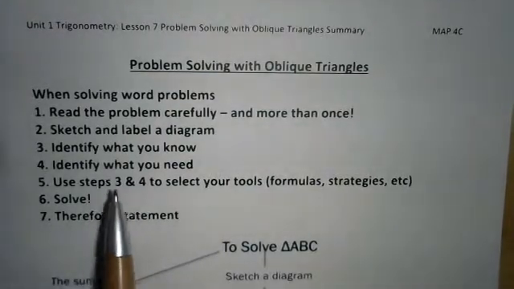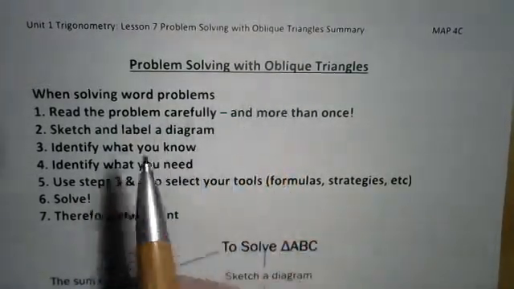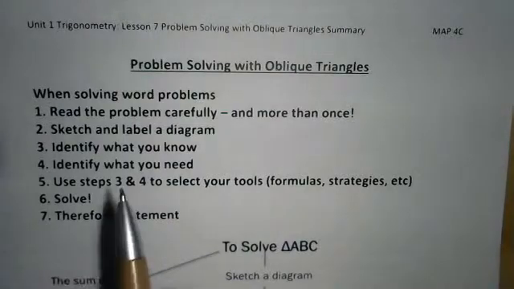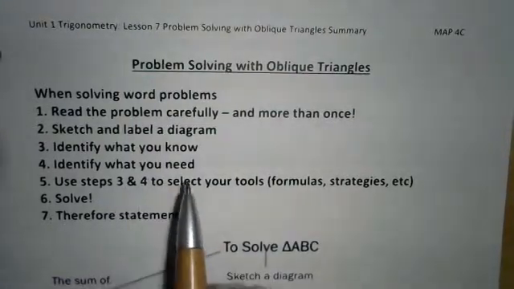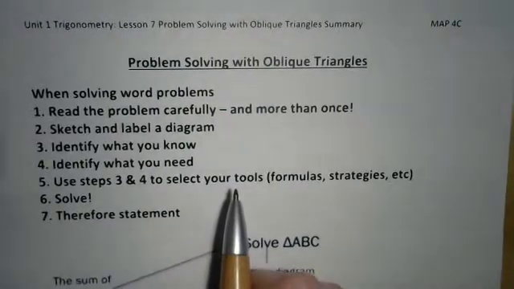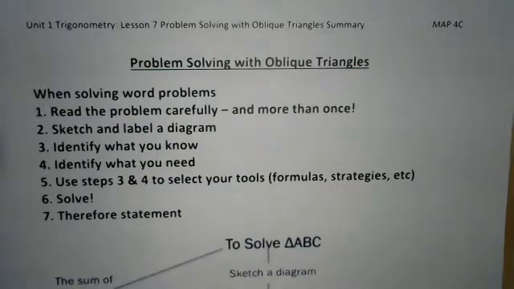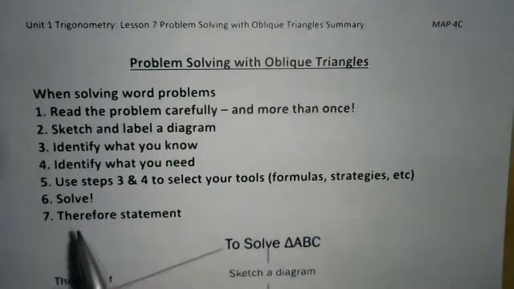So use steps 3 and 4, and think about what you have been given and what you need. Now you need to use those to select your tools. In other words, what are you going to do to solve the problem? Once you have your formula, your tools, whatever you need, solve it.